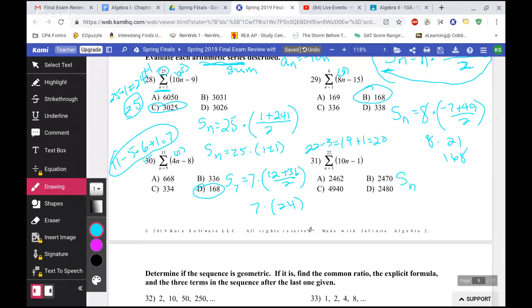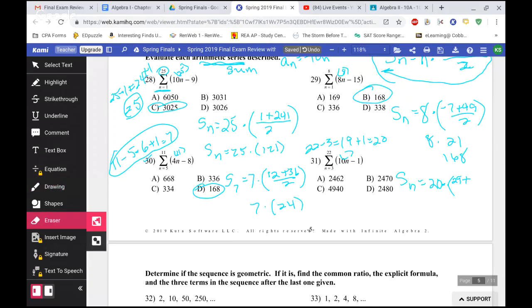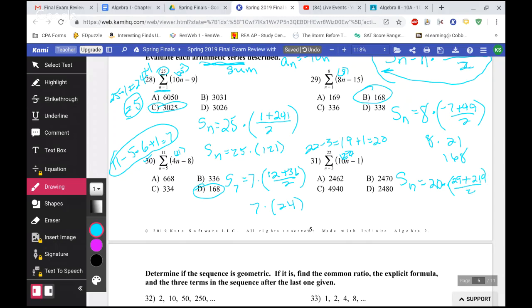So the number of terms in the series is 20, multiplied by the value of the first term, which in this case is the third term. 10 times 3 is 30, and 30 minus 1 is 29, plus the value of the 22nd term, which is 10 times 22, which is 220, minus 1 is 219, all divided by 2.